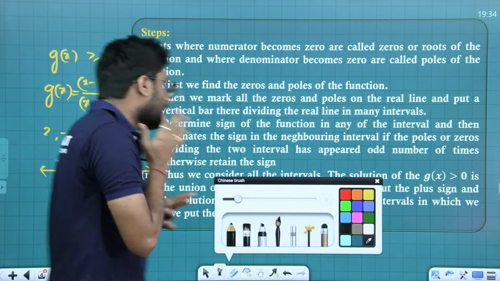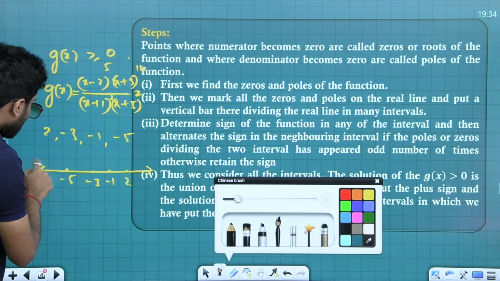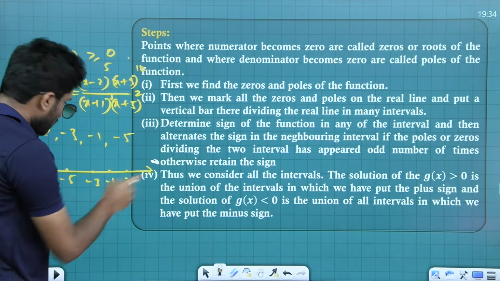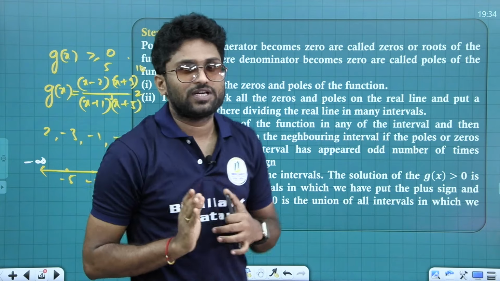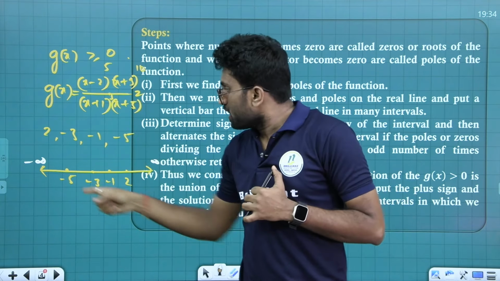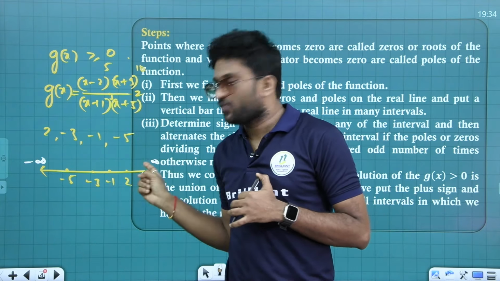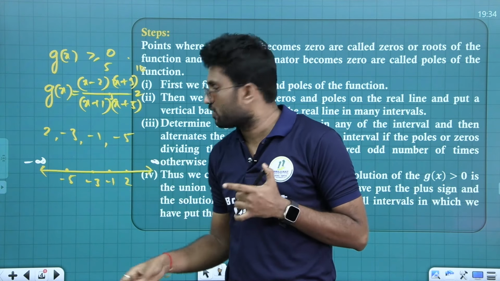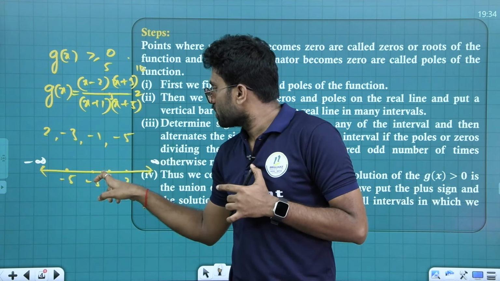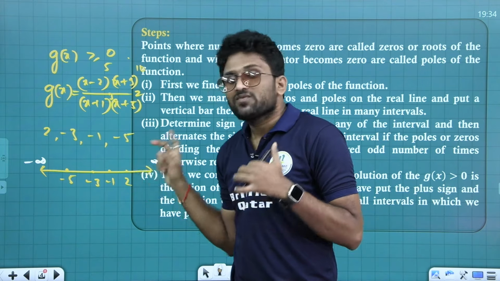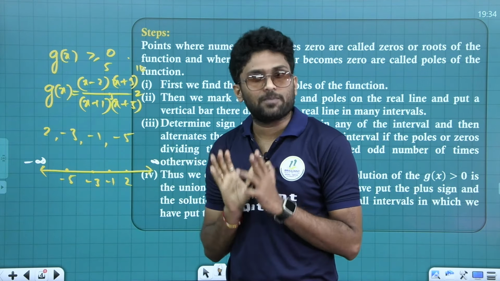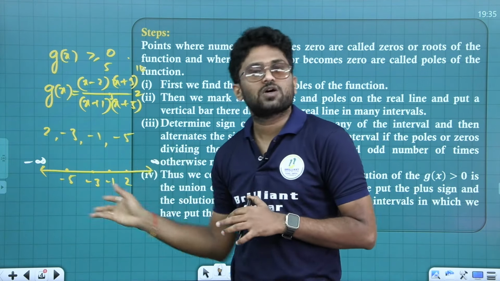The real numbers from minus infinity to plus infinity have been divided into how many intervals? You see, 1, 2, 3, 4, 5. 5 intervals by these 4 critical points, by these 4 zeros or poles.